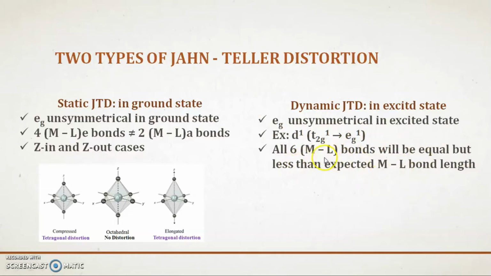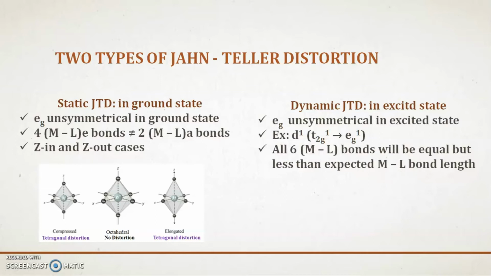How can we identify dynamic Jahn-Teller distortion? It is not very easy to identify, because all 6 M-L bond lengths will be equal, but they will be less than the expected bond length. So there will be compression along the x-axis, compression along the y-axis, and compression along the z-axis.